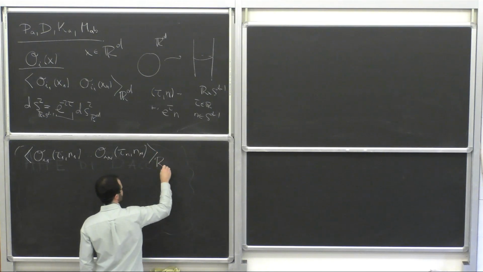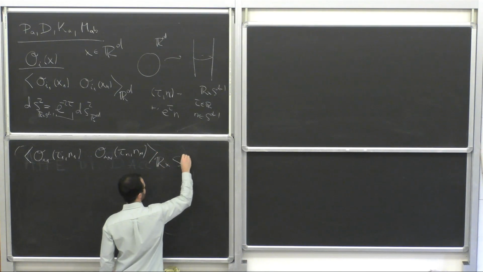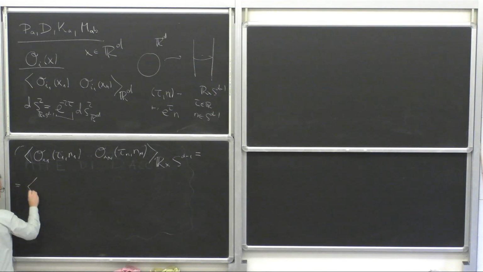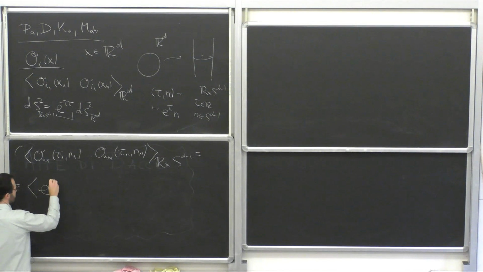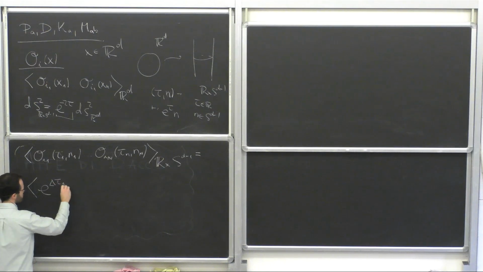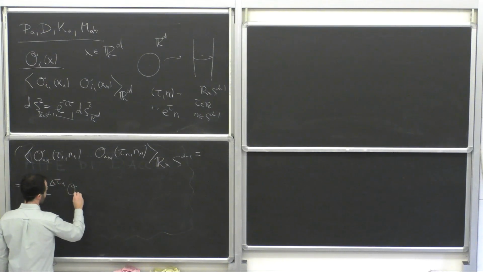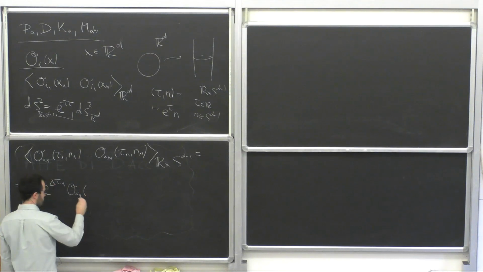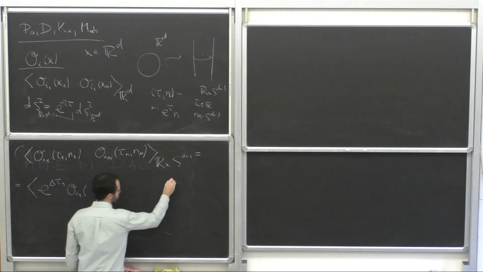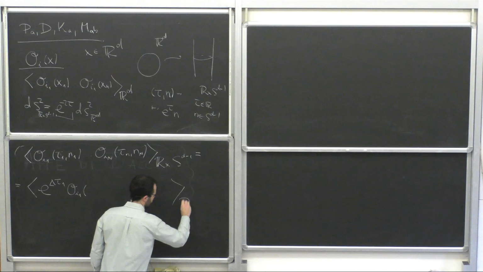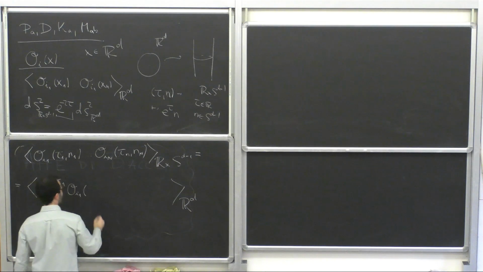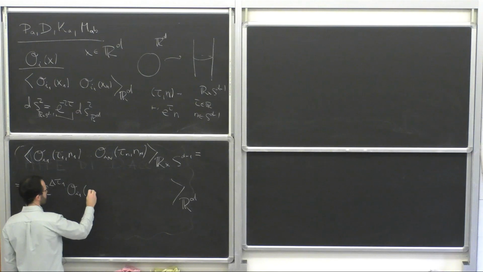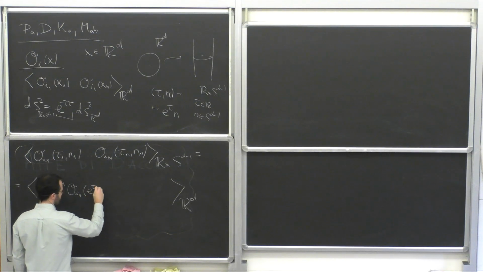And if we compute this on the cylinder using the same local operators, then we need to insert this factor, which corresponds to the fact that we are now going to compute a correlation function in R^D instead of on the cylinder, and we are inserting the operators at the corresponding locations in R^D.